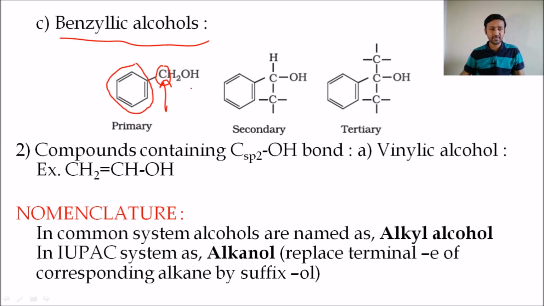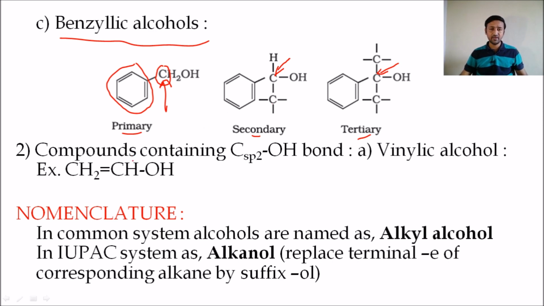OH attached to an sp3 carbon which is next to the aromatic ring is said to be benzylic alcohol. And here also, like we applied in the case of allylic alcohols, we can divide them as primary, secondary and tertiary benzylic alcohols. The meaning is the same here also, right? OH attached to a primary carbon, OH attached to a secondary carbon and OH attached to a tertiary carbon.